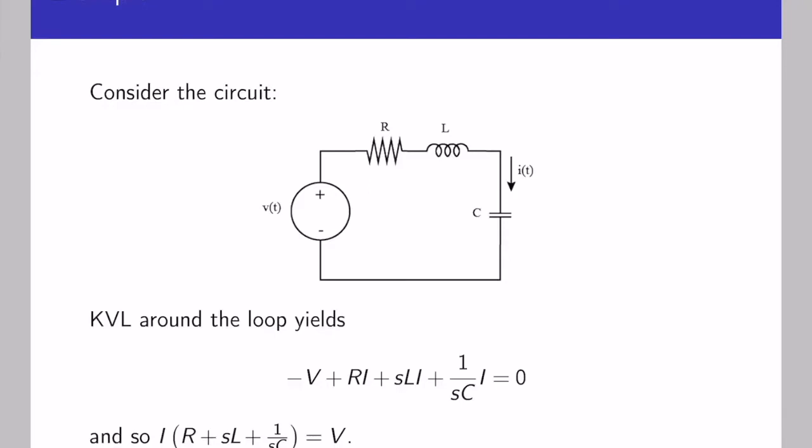So we have now generalized Ohm's law to other circuit elements. Ohm's law applies to the resistor R, but we have a generalized Ohm's law for L and C. We can solve this equation for V, and we get V is equal to I times the quantity R plus SL plus 1 over SC.